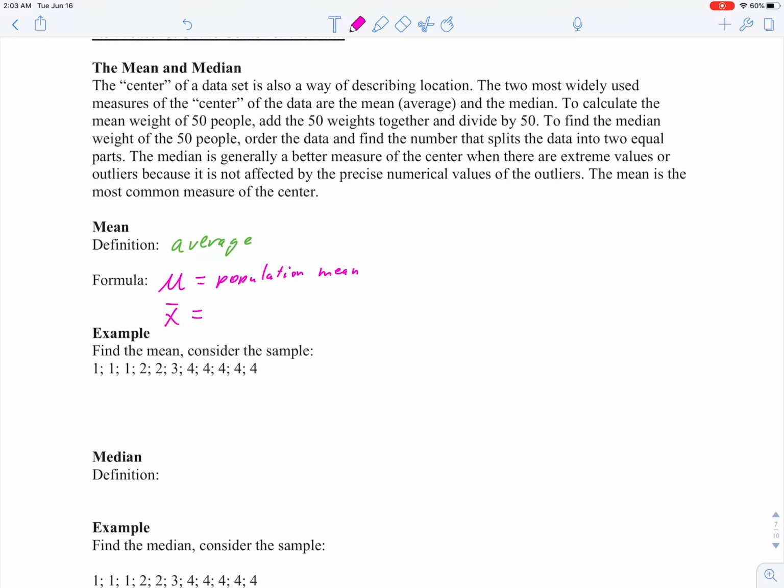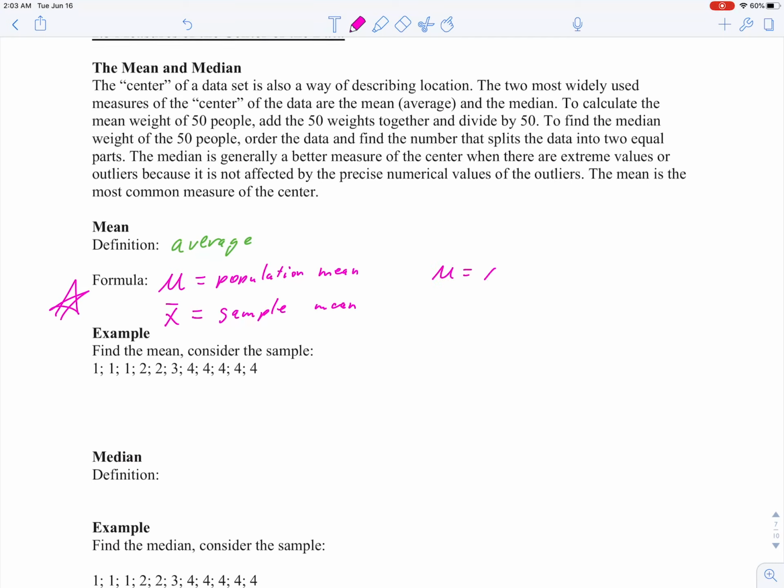Then we have this other symbol here, X bar, which means sample mean. Okay? Those you need to know, those are important. So mu is your population mean, the mean of the population of data. X bar, it's a little x with a bar over it, is a sample mean.